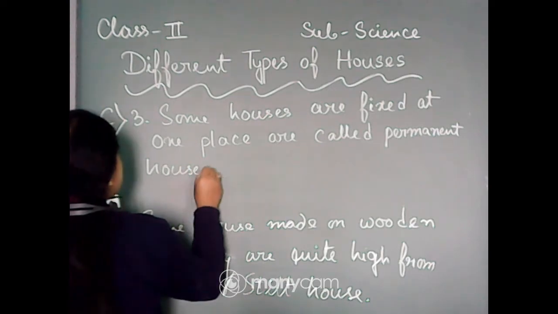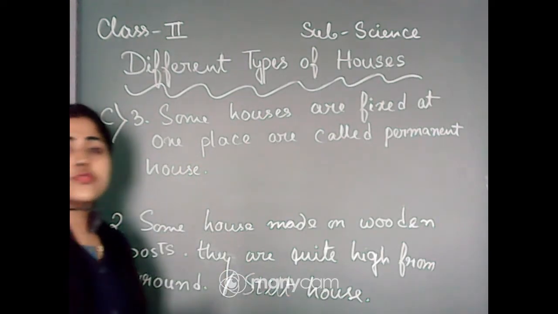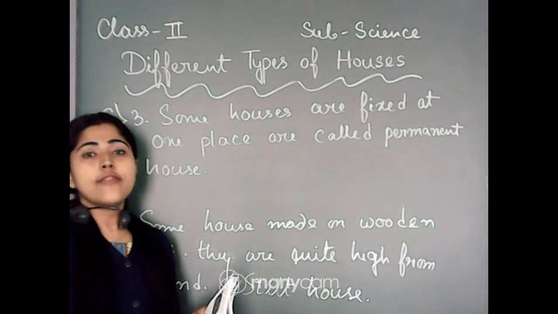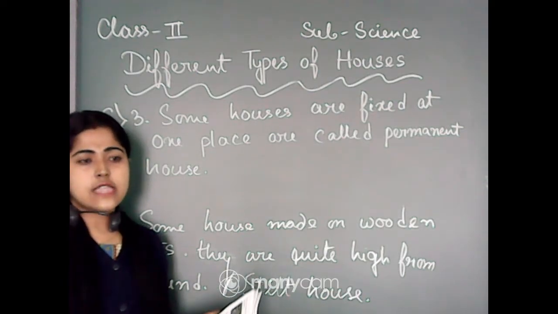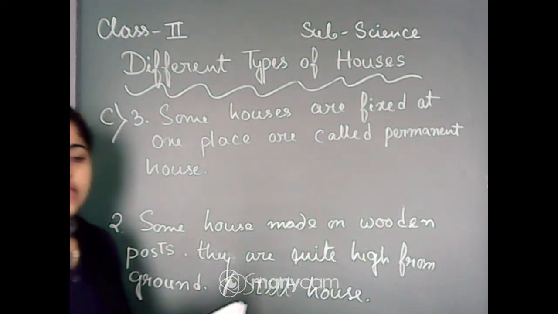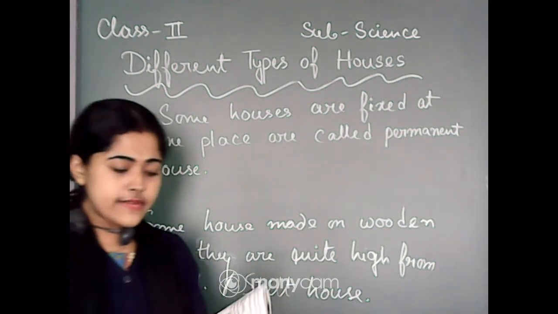So those houses cannot move from one place to another place. Those are fixed at one place. Those are called permanent houses.